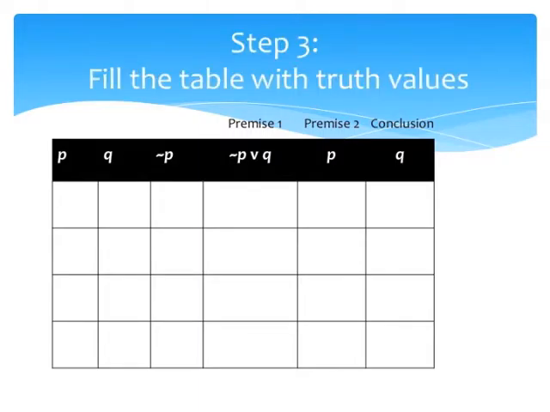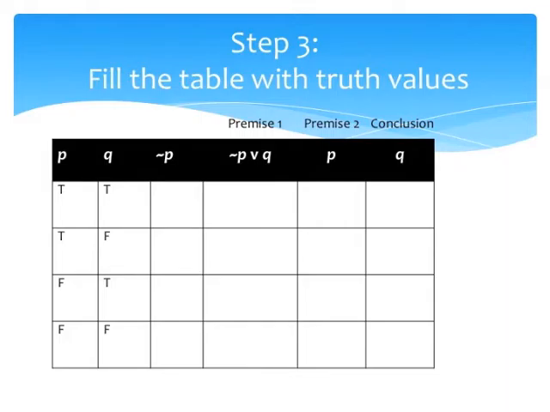Now that we have our columns and we have identified which one corresponds to the premises and to the conclusion, the third step is to fill the table with truth values, that is, with T's or F's. We know how to fill the first two columns. In the case of P, the first half of the rows gets T's and the next half gets F's.